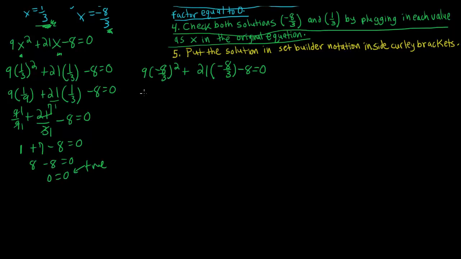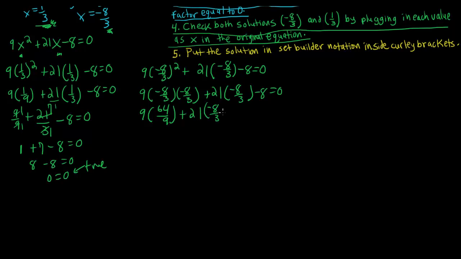And negative 8/3 squared is just negative 8/3 times negative 8/3, which we can go ahead and simplify. That is 64/9, plus 21 times negative 8/3 minus 8 equals 0.